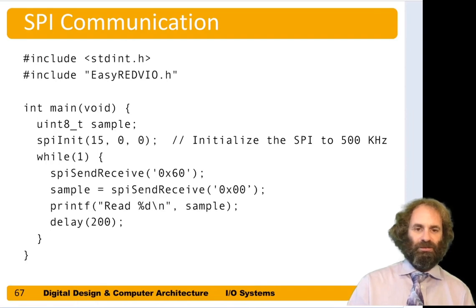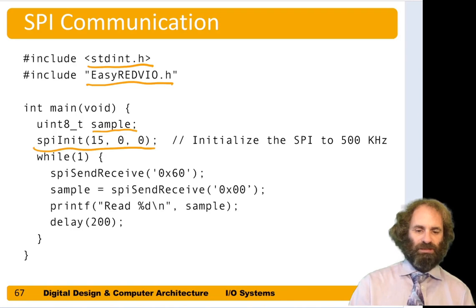All right, so now let's write a little program to do some SPI communication. We need to include stdint to get our data types, and the EasyRed5IO. Then in our main function, let's declare an 8-bit integer for the value we're sampling from SPI.